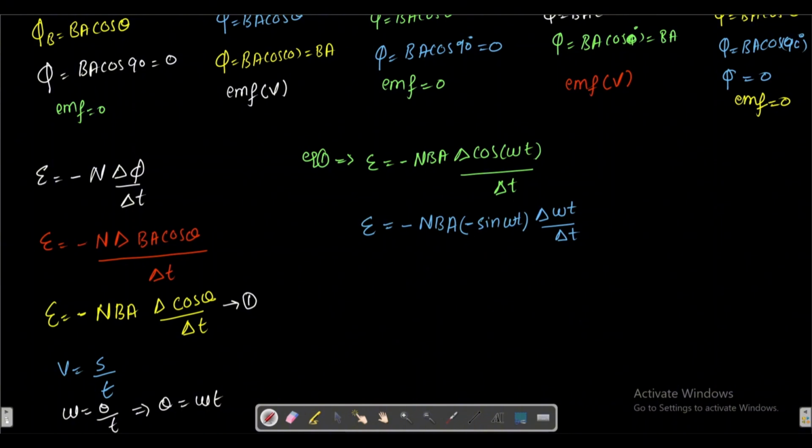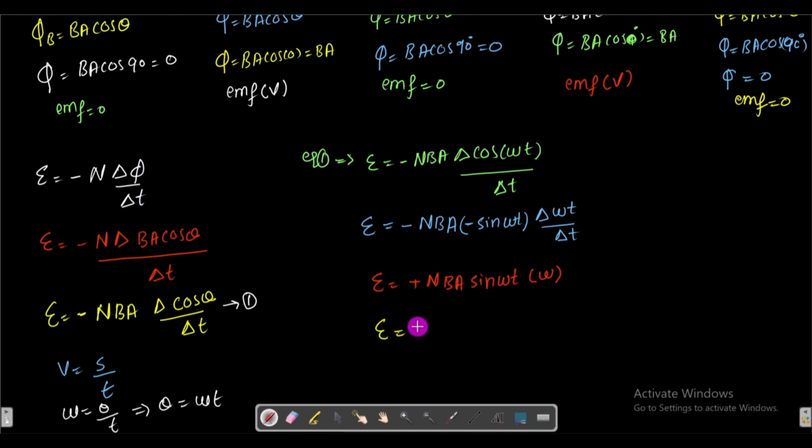On further simplification, EMF is equal to minus N. So this minus and this minus become positive. So N B A sine omega t, and this del t and del t will cancel and it becomes omega.